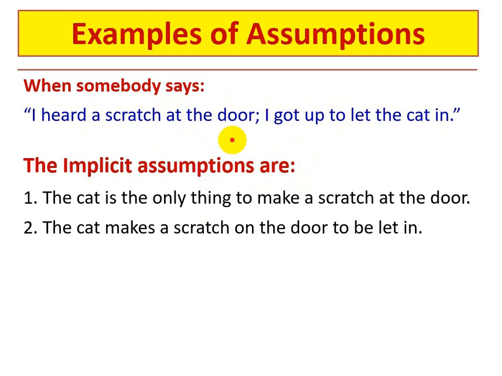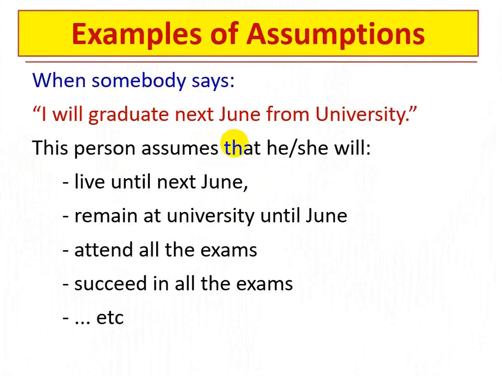the assumptions. Another example here, when somebody says, I will graduate next June from university. This person assumes that he or she, take care here, will live until next June. Number two, remain at university until June.